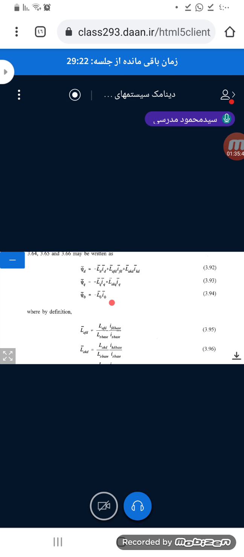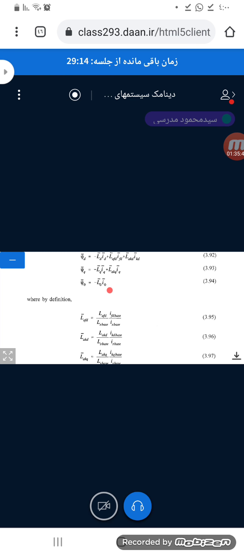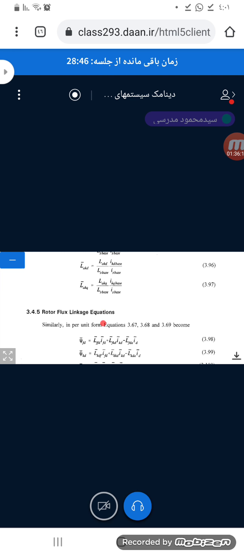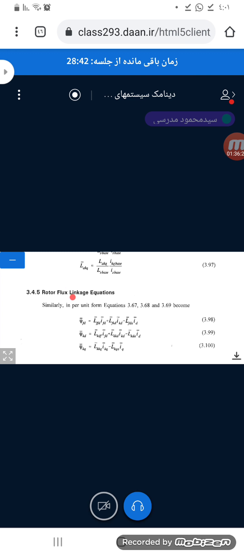It is very simple. The definition L_AFD is equal to L_AFD multiplied by I_FD base divided by L_s I_s, and similarly the rotor flux linkage equation in per unit form become psi_FD, psi_KD and psi_KQ.